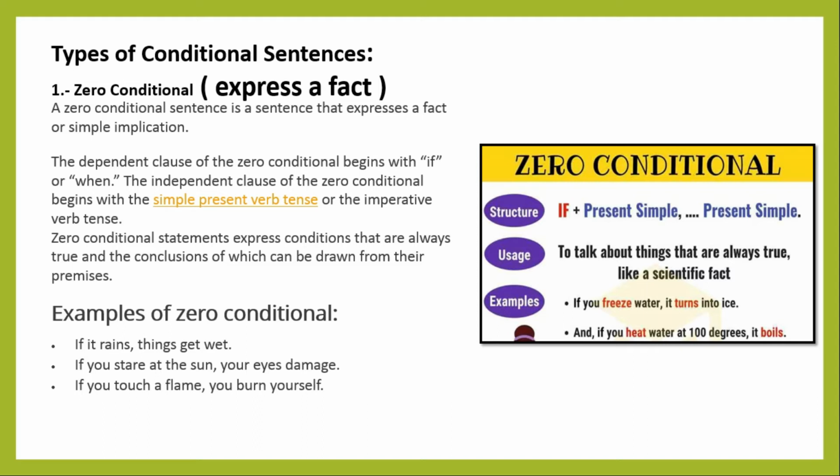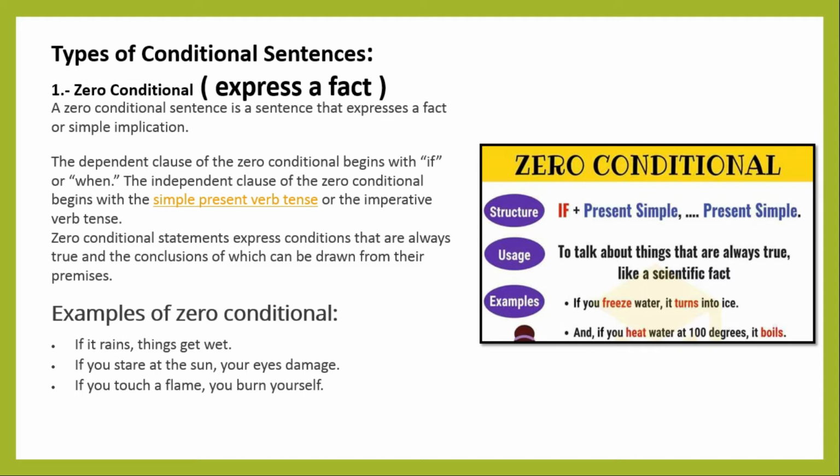How can I change the positions? For example, I say it turns into ice if you freeze water. So I can change the positions, of course, but there's always a but.